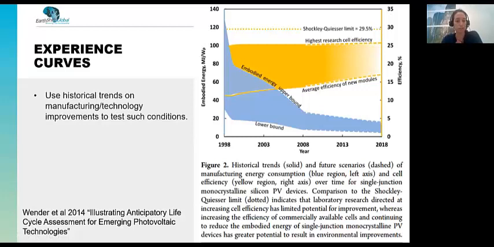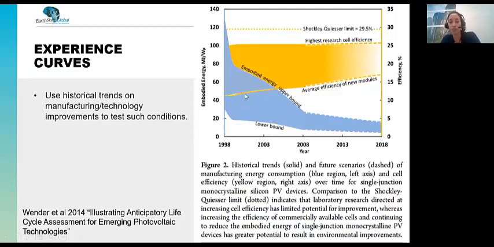So if we are developing the new generation of single junction monocrystalline PV devices, we could look at this trend and say, okay, in 15 years, we're going to be, I don't know, at 20. We're going to be at 20 and our manufacturing energy is going to be here, right?